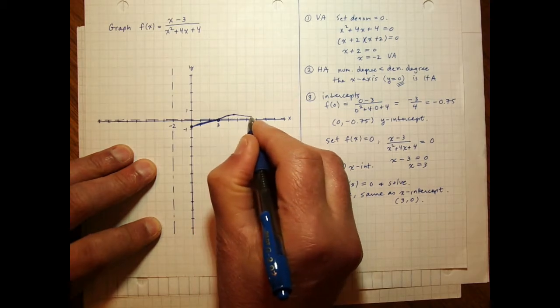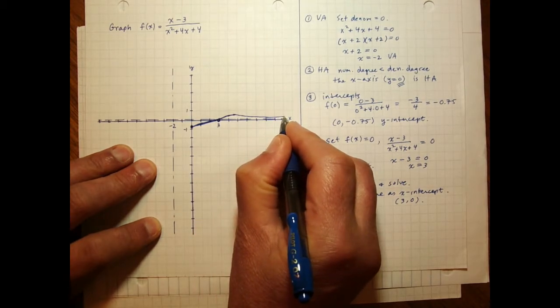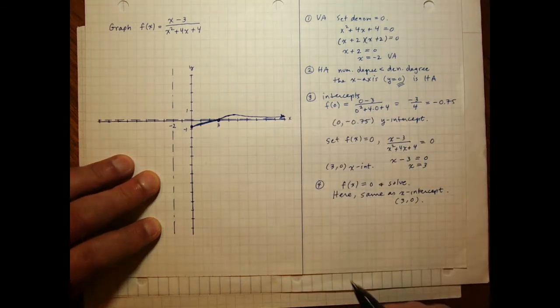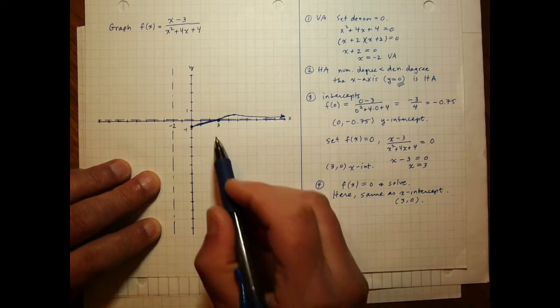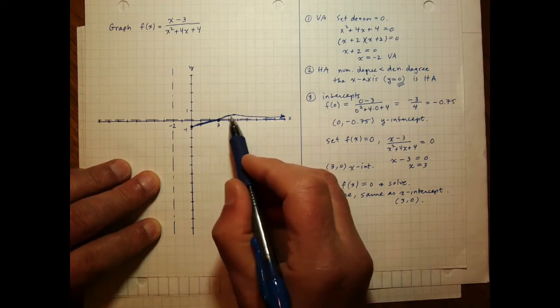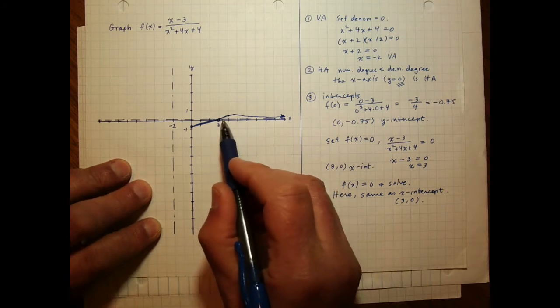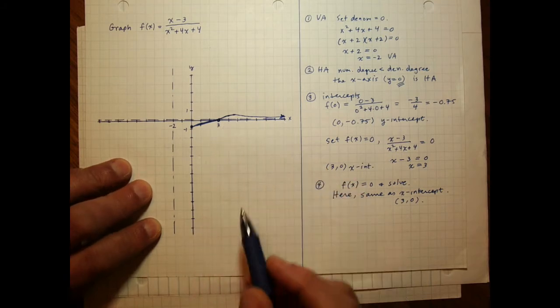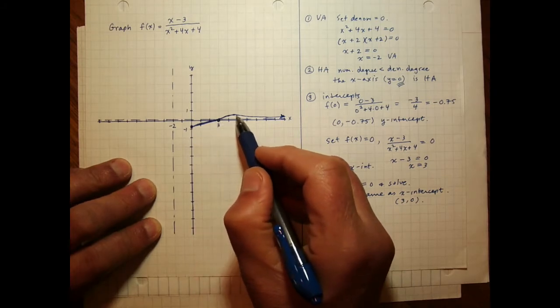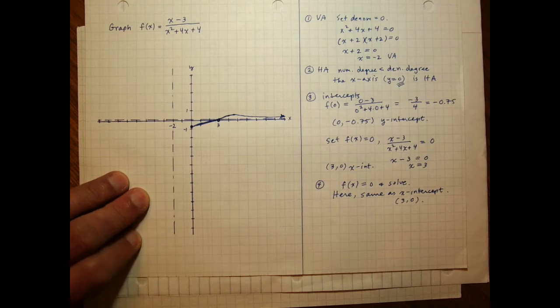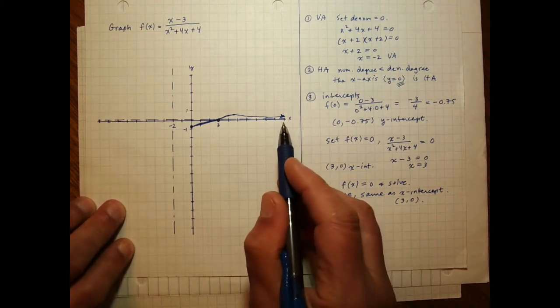But it's going to have to settle down and approach that horizontal asymptote as x becomes very, very large. There's just no other possibility there. This lump, I probably exaggerated. If you were to check this graph in Desmos, I bet that lump would be almost imperceptible. But we do rise a little bit above, and at some point we settle down and just start approaching the x-axis when x is very, very large.